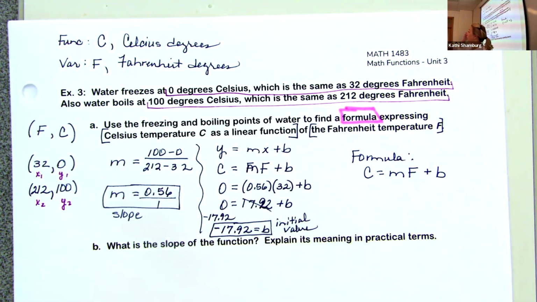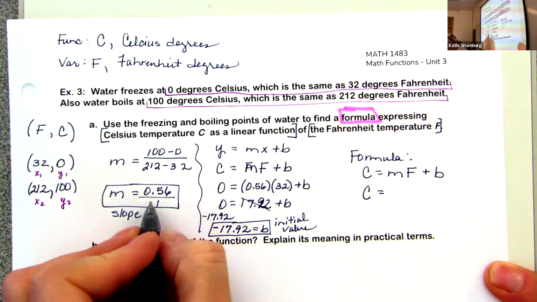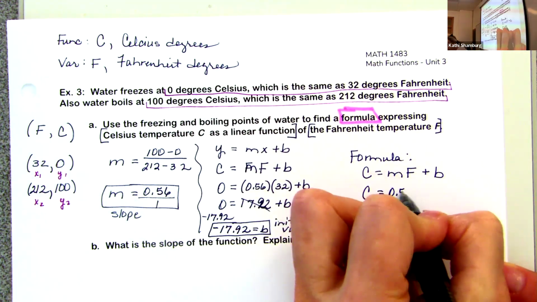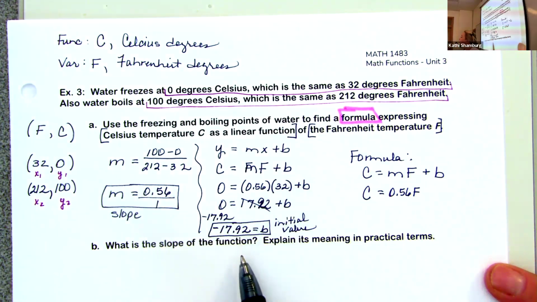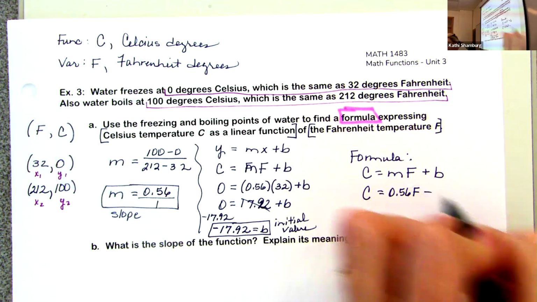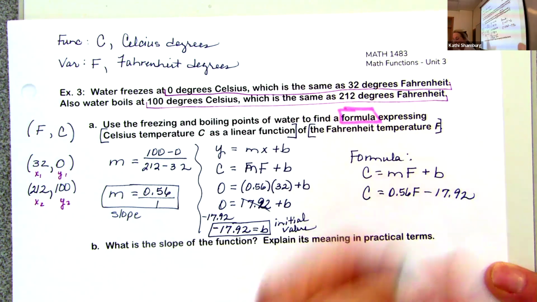And the only two that we put numbers into are the slope and the initial value. So C equals 0.56F. Now, you can put plus negative 17.92, or you can put minus 17.92.